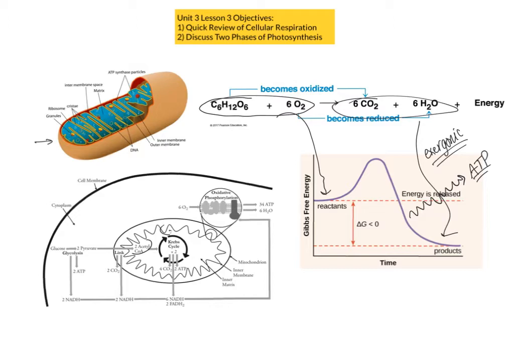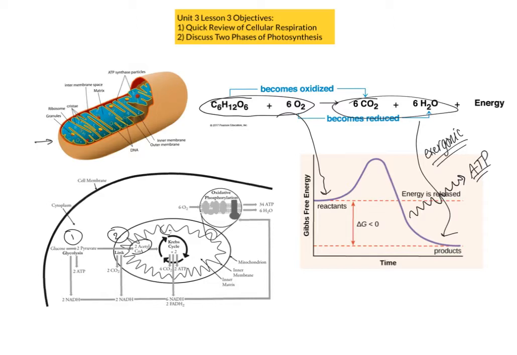Okay, now what we learned about in cell respiration was that there are 3 major phases with a 4th kind of in-between phase. We've got glycolysis, which occurs in the cytoplasm of a cell, and we have the link reaction, which is kind of that in-between phase that connects glycolysis with the Krebs cycle, and it also occurs as the products of glycolysis are entering the mitochondria.